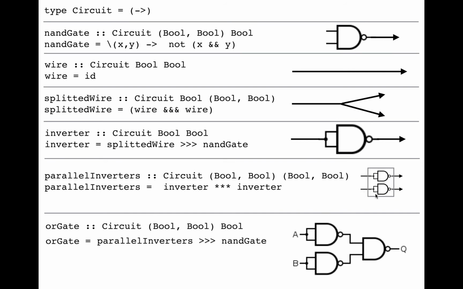We will need this part here, and we're gonna put that part here, and then we will need this negative AND gate, and we're just gonna plug this negative AND gate to the right side of this circuit block, and this circuit block consists of two inverters which are composed in this parallel way.